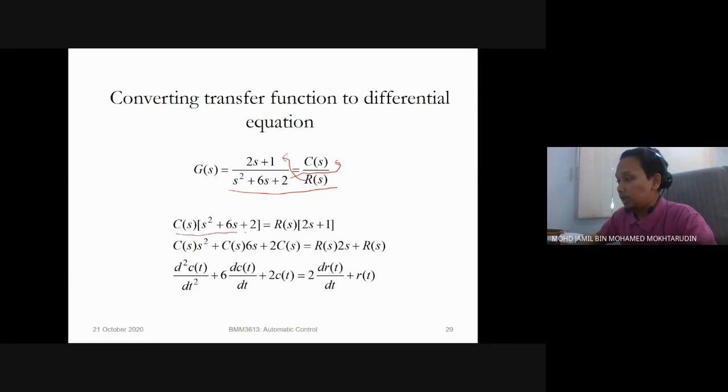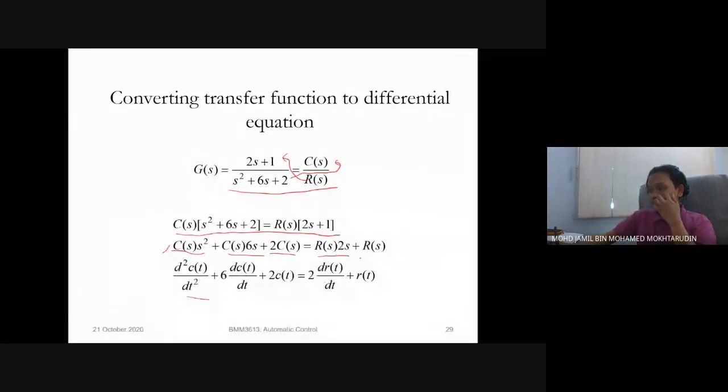So you get this equation. Expand, and then C(s) s^2 becomes d^2c/dt^2. This one becomes dc/dt. This becomes 2 times c. This becomes dr/dt, and this becomes r. So you get the differential equation from the transfer function.